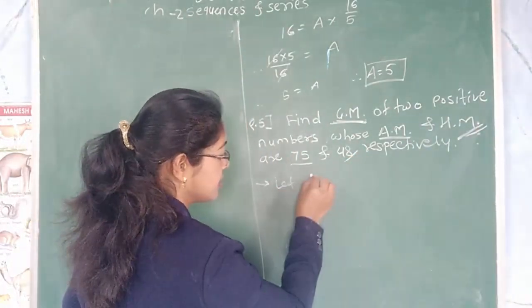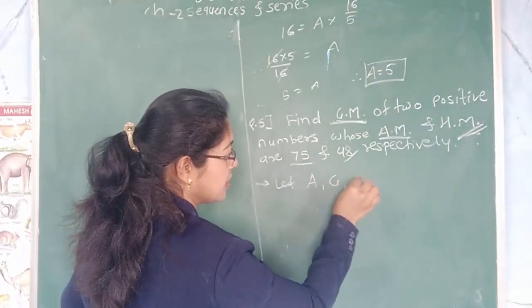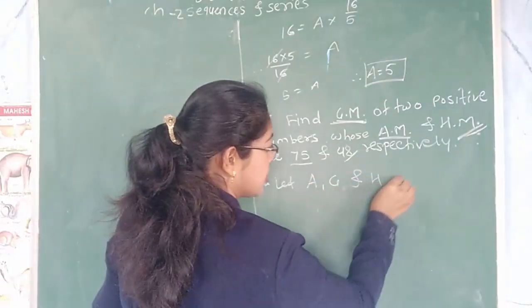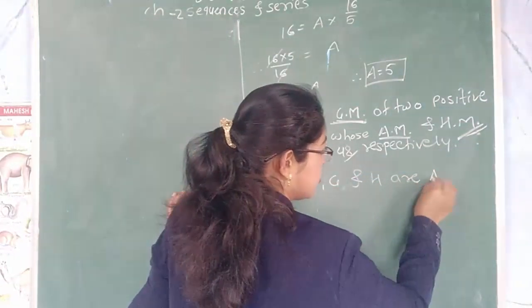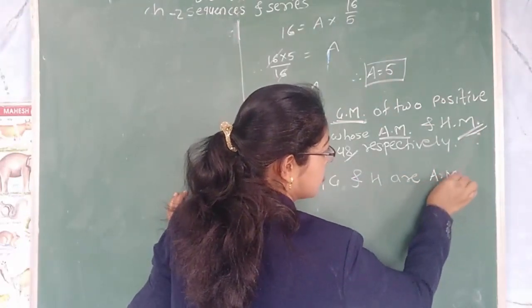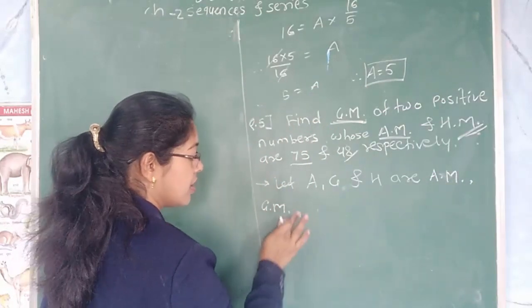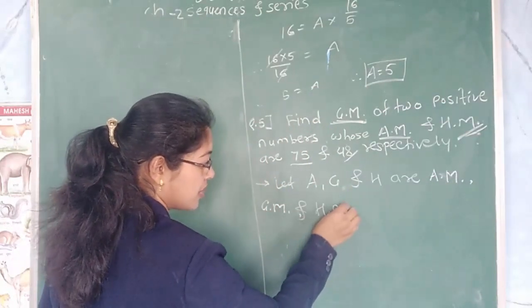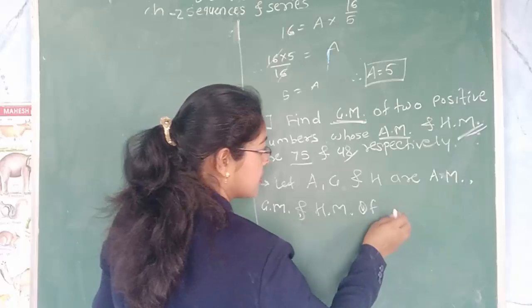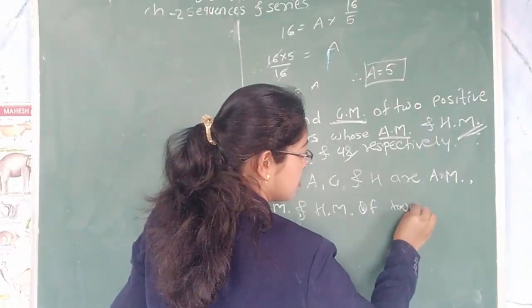So let A, G and H be the arithmetic mean, geometric mean and harmonic mean of two numbers.